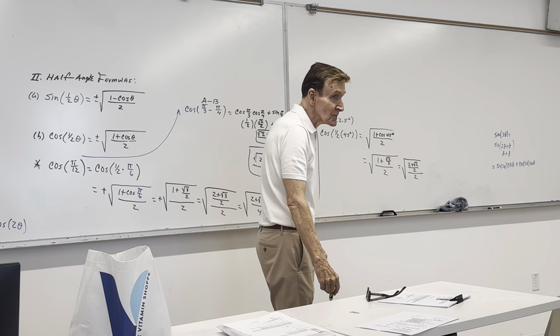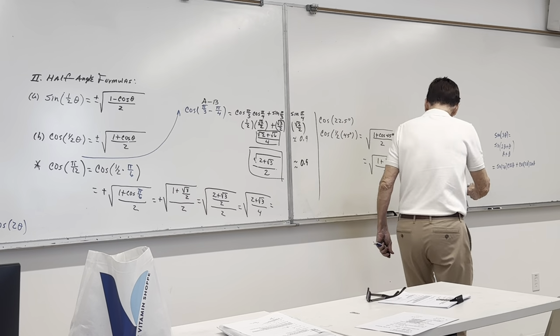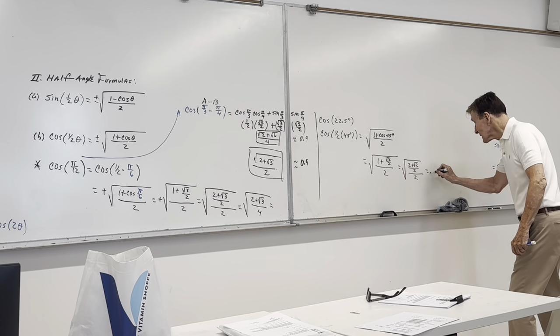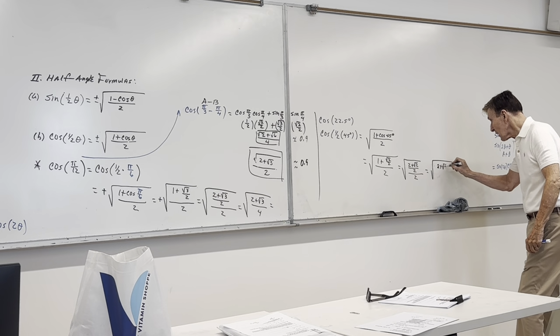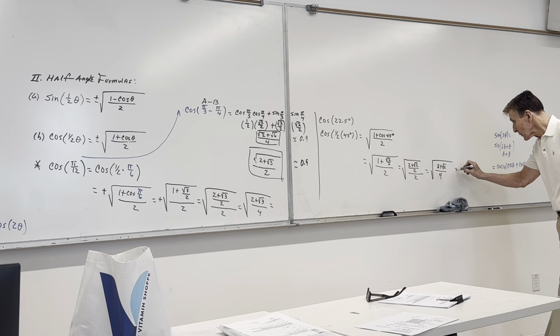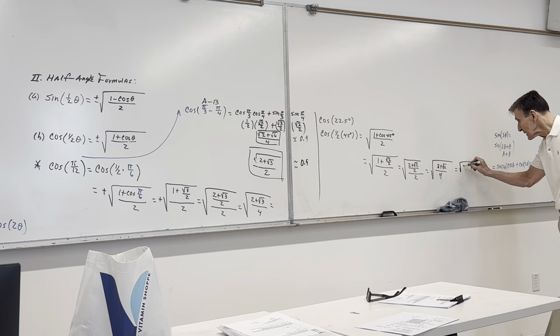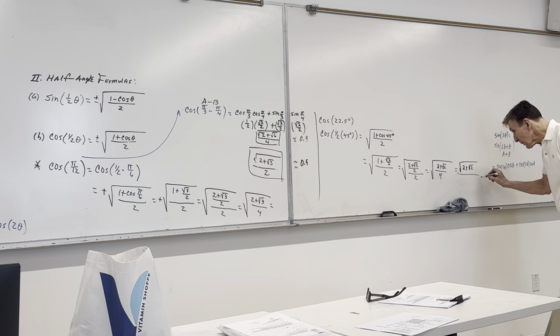You're going to end up with the square root of 2 plus radical 2 all over 4. Thank goodness that 4 is a nice perfect square. The top is not nice, so I'm going to leave it. At least the denominator is a 2. And there's your answer.